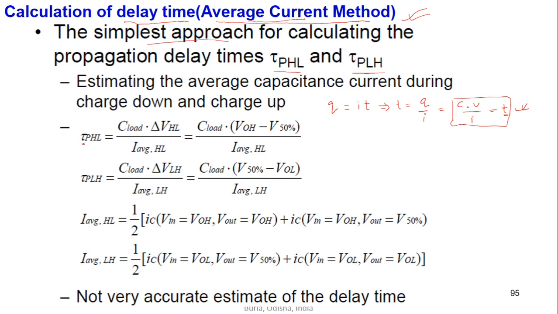Look at the equation for tau PHL, that is the propagation delay time when the output goes from high to low.